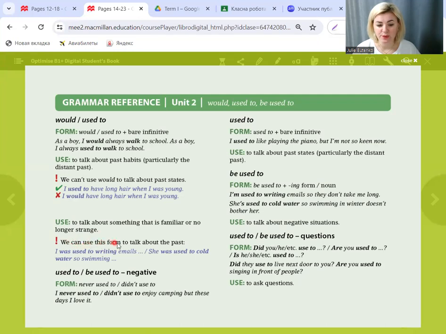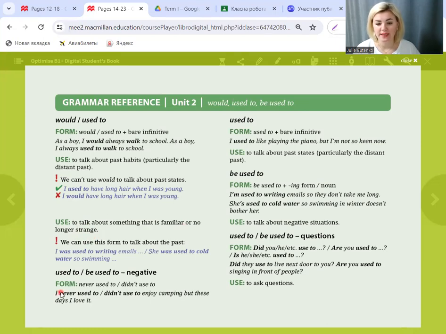I was used to writing emails, or I was used to cold water, so swimming, and so on. In general, we use would and used to for speaking about past habits in the distant past and about something that is familiar or no longer strange.